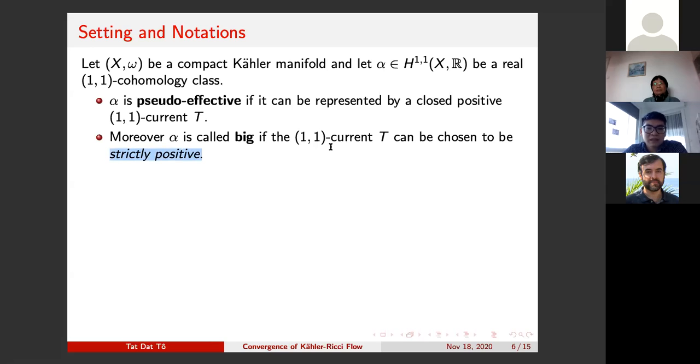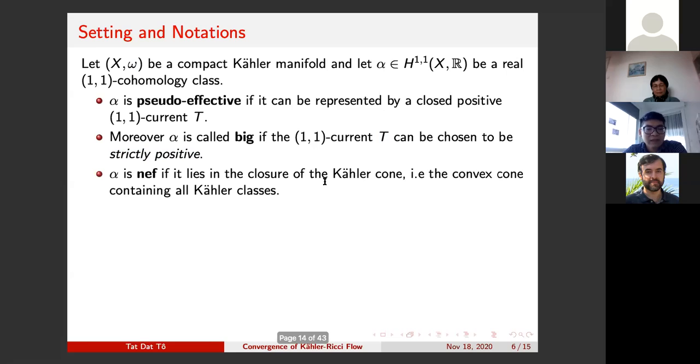That means T should be bigger than some epsilon times omega, where omega is a Kähler metric. And alpha is nef if it lies on the closure of the Kähler cone, as I explained in the last slide.